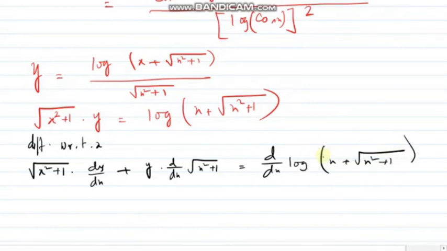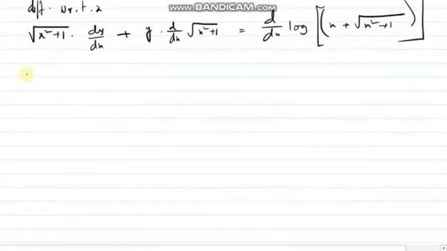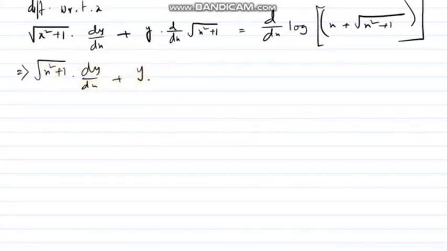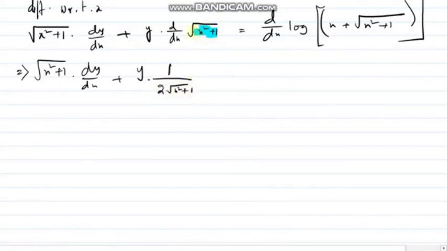So now what is going to happen? Just check. Root over of x square plus 1 into dy dx plus y into d dx of root x. d dx of root x is 1 divided by 2 root x, right? 1 divided by 2 root x into d dx of x square, that will be 2x, and d dx of 1 is 0, right?